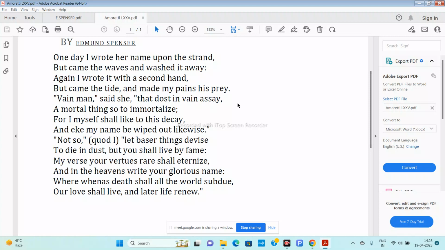So, in answer to his beloved's mocking reproof, he says all these things.